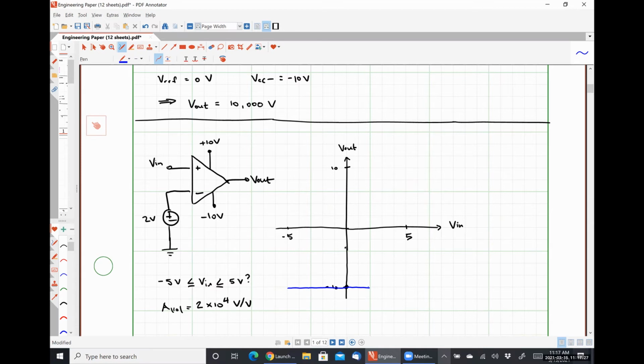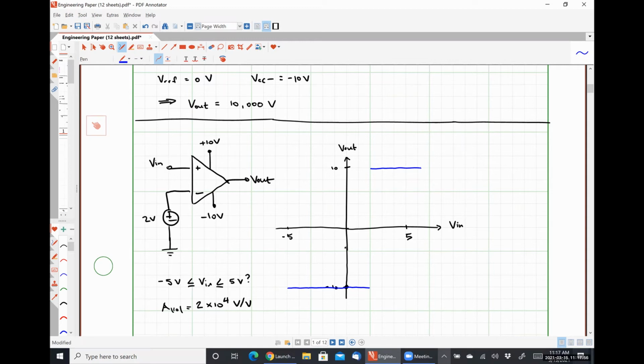Vd is now 0.1 volts multiplied by our gain of 20,000 gives us 2,000 volts, which is significantly larger than VCC plus. So at a voltage a little bit larger than V reference, we saturate up to VCC plus, and it's going to stay there.